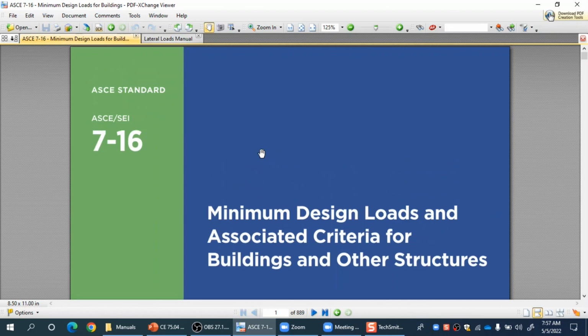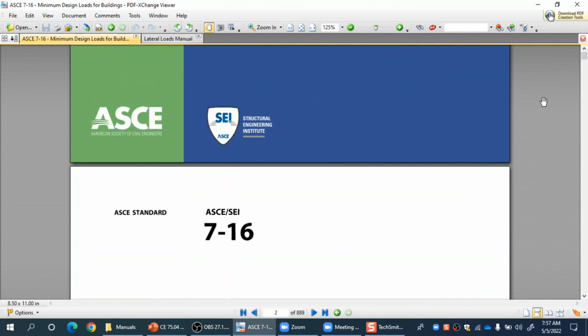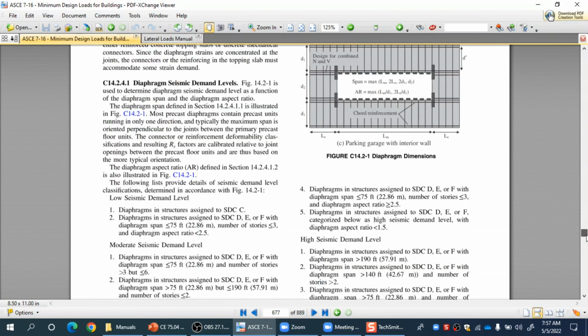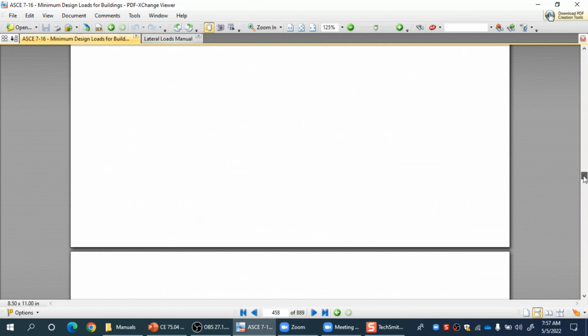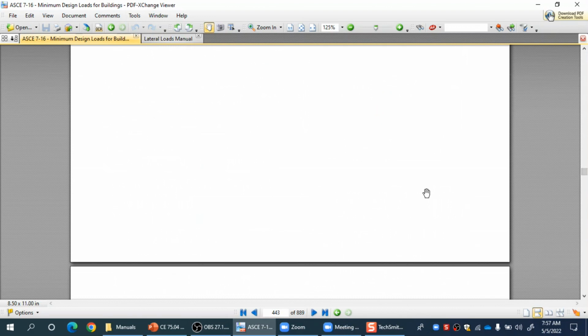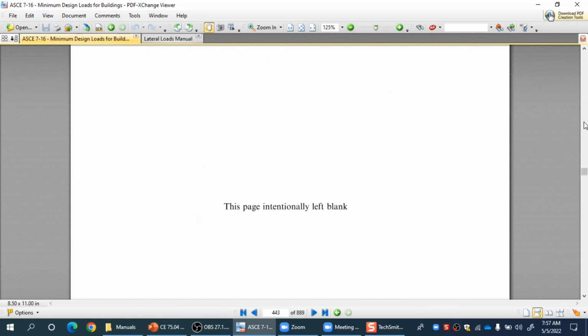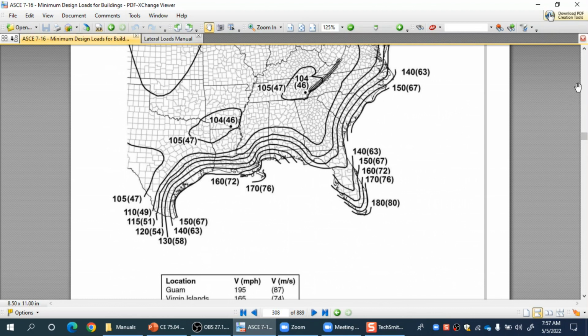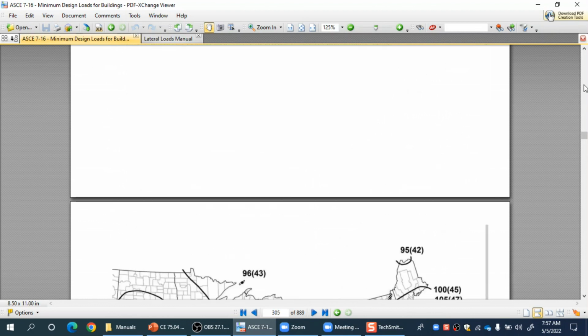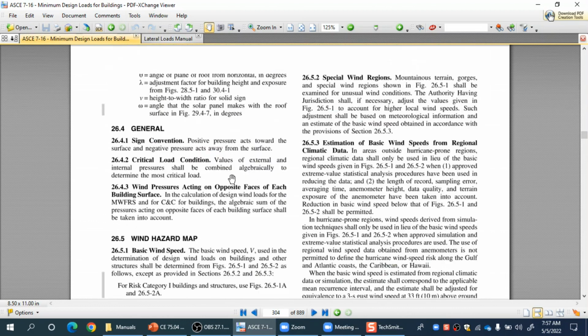Let me directly go to chapter 26, and in that particular figure, to show you how the wind hazard map compatible with the ASCE 7-16 definition of wind hazard looks like. This is chapter 27. Okay, these maps.